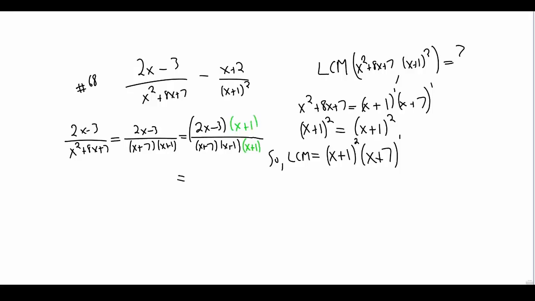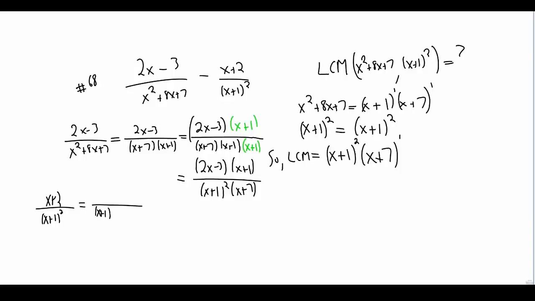This turns out to be, again, the LCM on the bottom. For the other fraction, x plus 2 over x plus 1 squared, we need to multiply the denominator by x plus 7. Multiply the top by the same. Don't forget this step. And now you have it expressed with the LCM as the denominator.